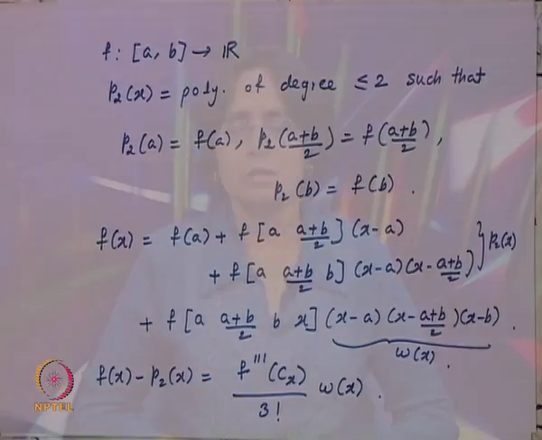So, when we look at the error norm of f minus p_2 infinity norm, this will be less than or equal to norm f triple dash infinity divided by 3 factorial into norm of w infinity. So, w(x) is our function (x minus a)(x minus (a+b)/2)(x minus b). We can find the infinity norm for this function.